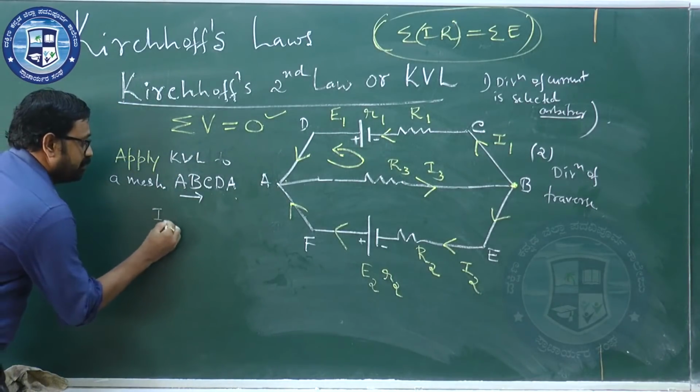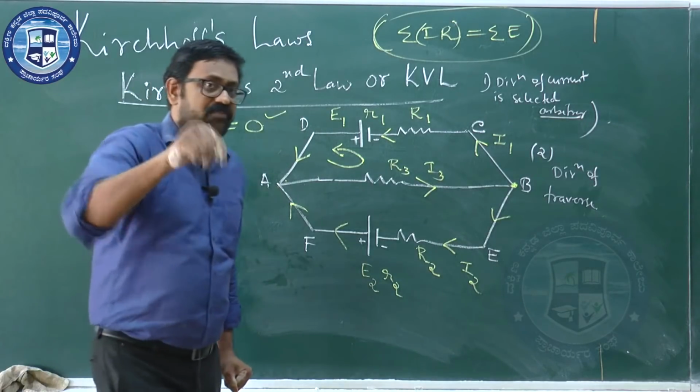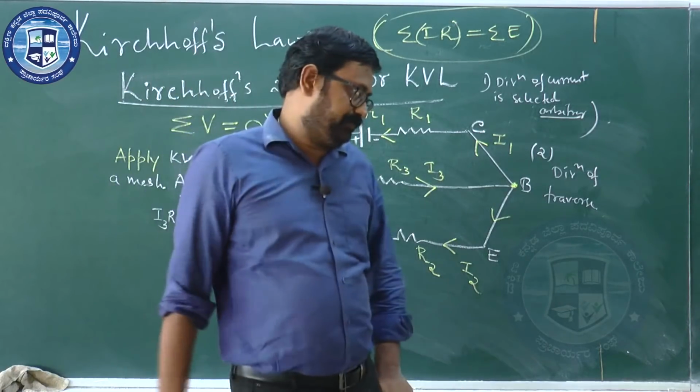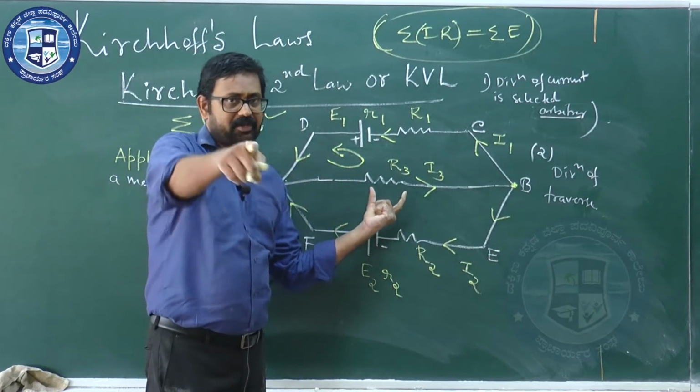I3 into R3. Now the sign convention for the product of I and R, which is nothing but the potential drop, the change in potential across R3.